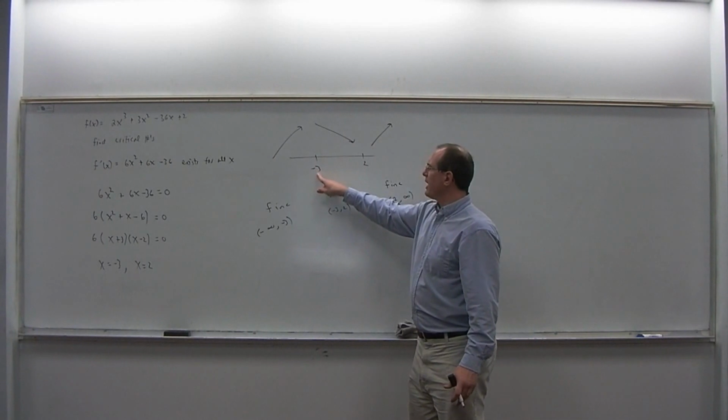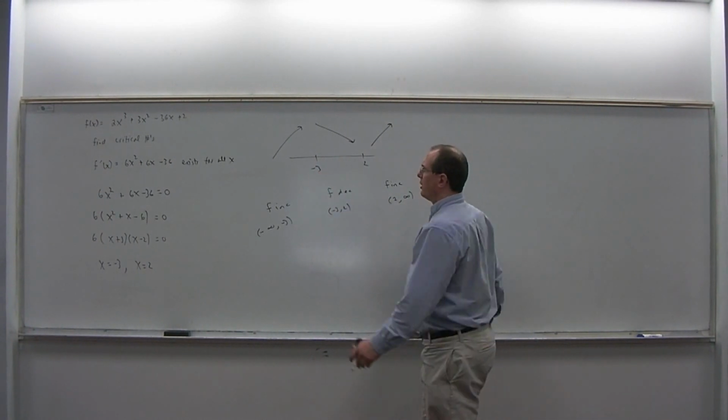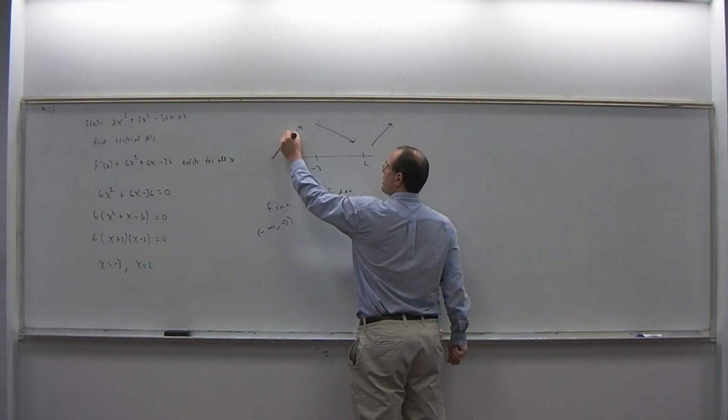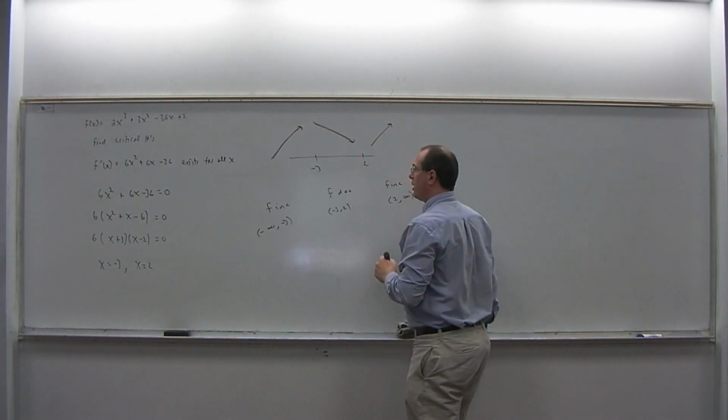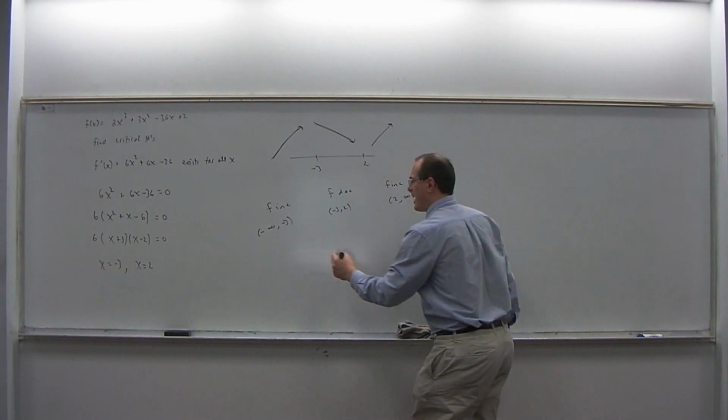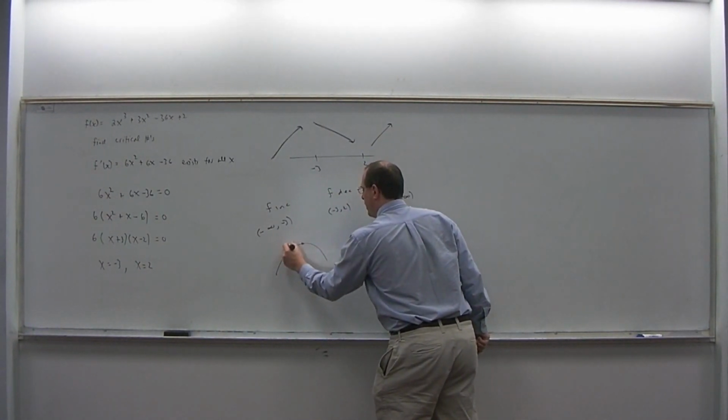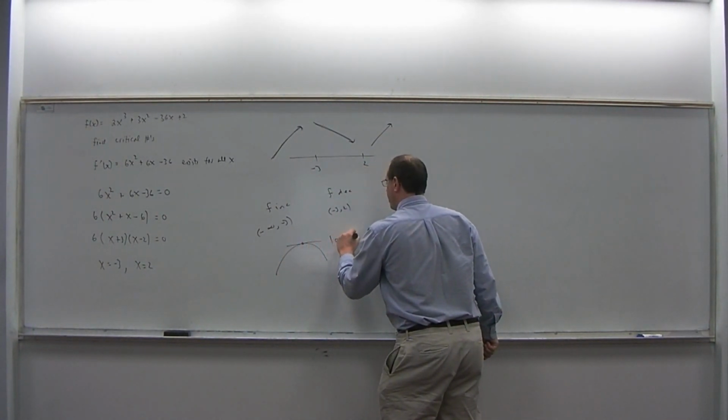So what's happening at x equals negative 3? The function is increasing to the left of x equals negative 3, and then decreasing to the right of x equals negative 3. And that's exactly what we expect out of a local maximum.